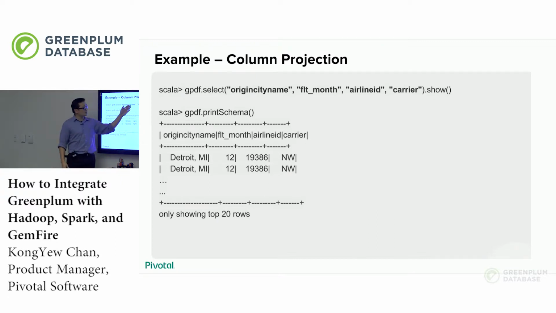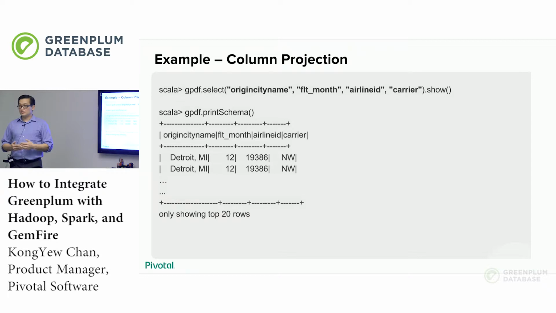In this case, these are the following columns that we want to extract from Greenplum to Spark. So this will speed up the processing because you limit the set of columns. And this GBDF is just a Spark data frame, and once you print schema, you get the result of the schema.